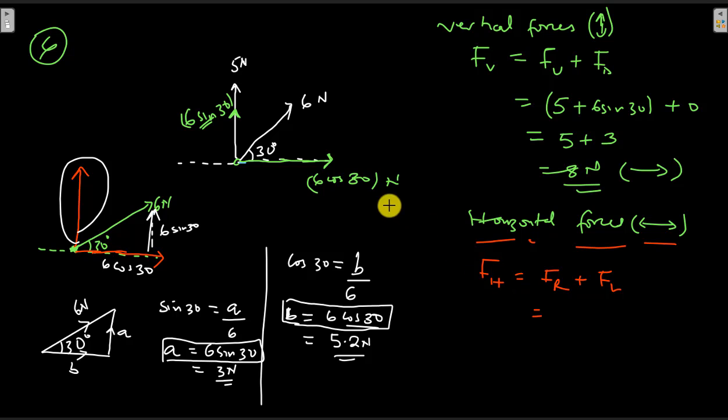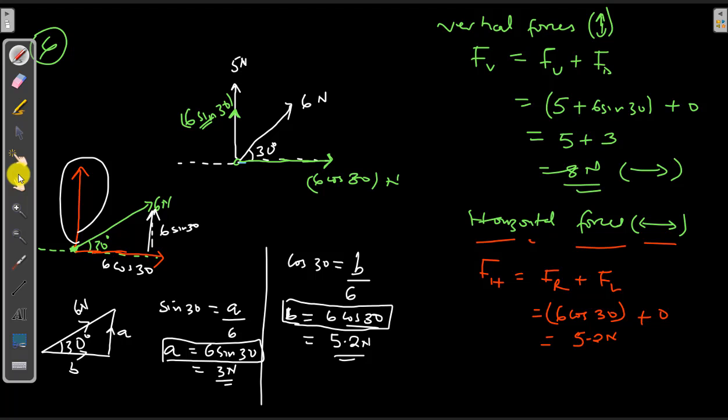So the forces to the right, we actually have this component 6 cos 30. We do not have any force to the left, so our only force here is 5.2 newtons. We've already calculated what this is.